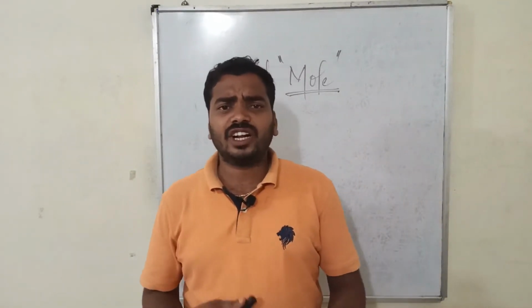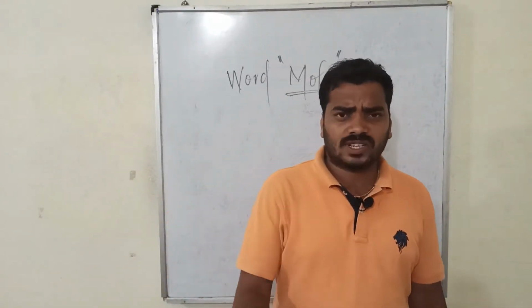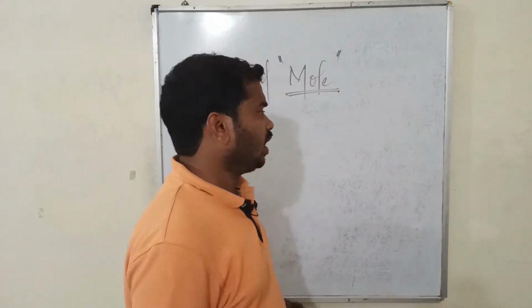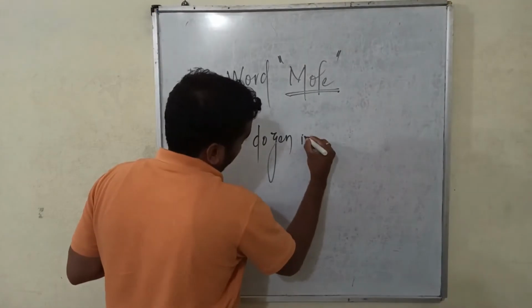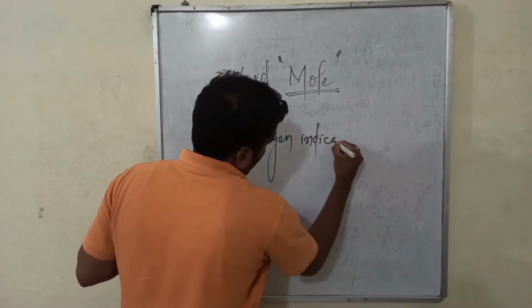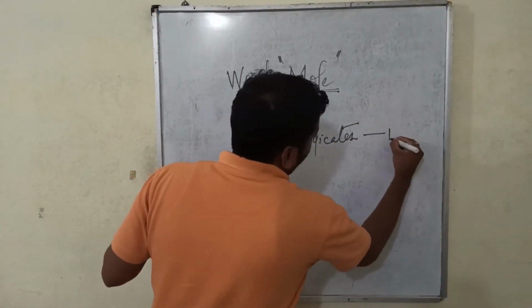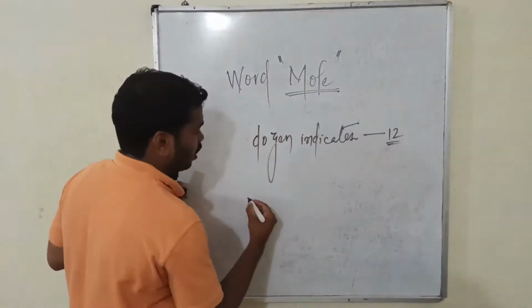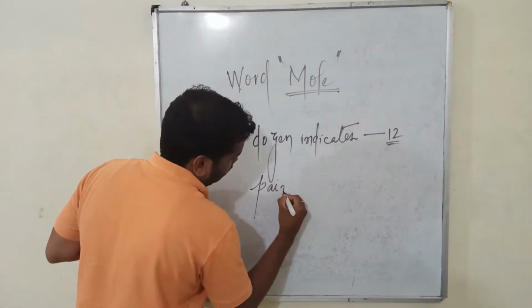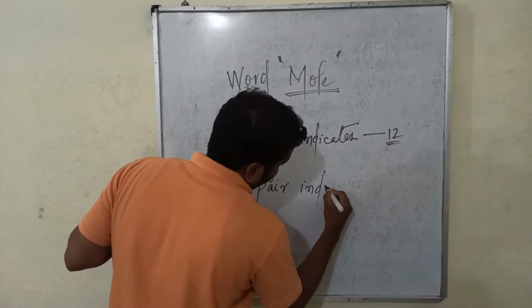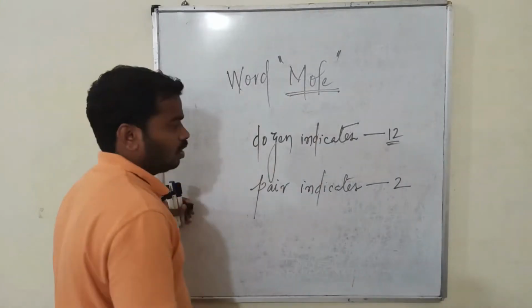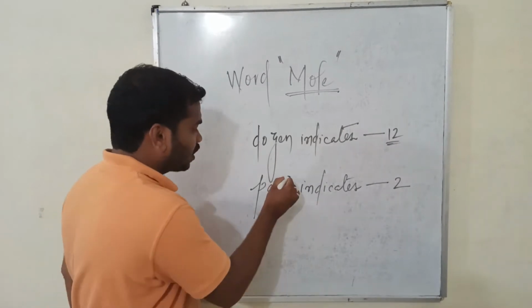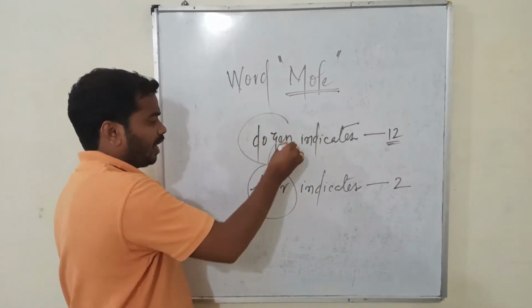We have different terms while we count something. Dozen indicates the number 12. Pair indicates the number 2. Like this, there are some terms, dozen, pair.